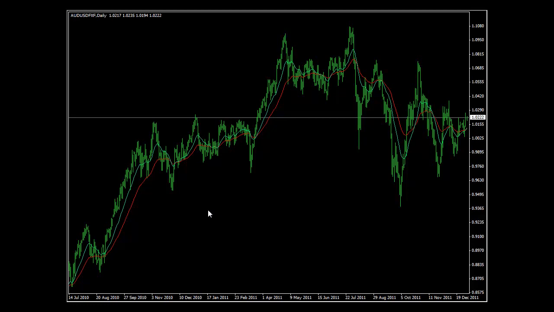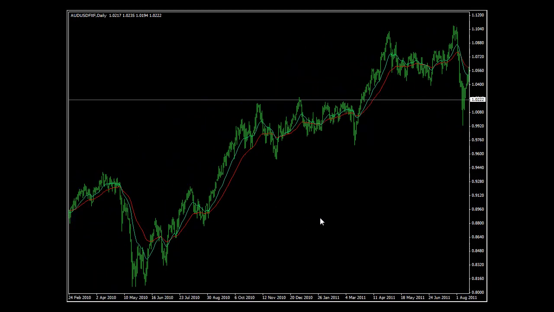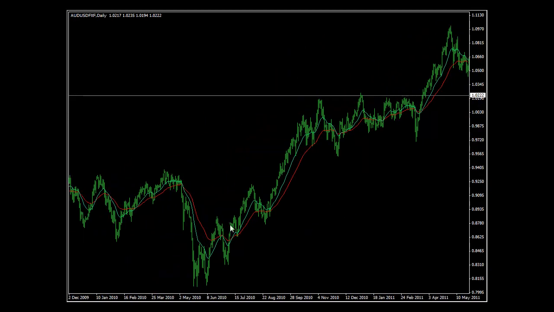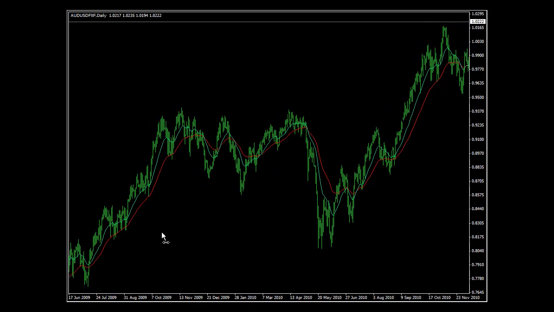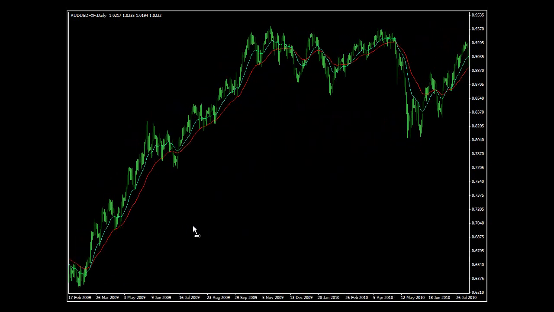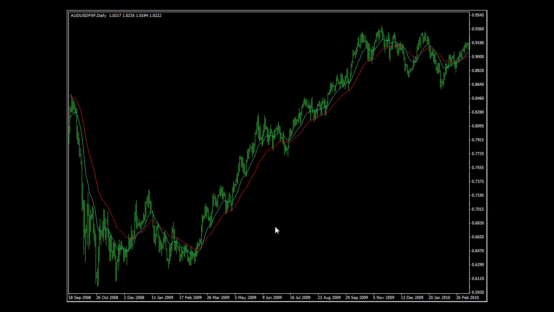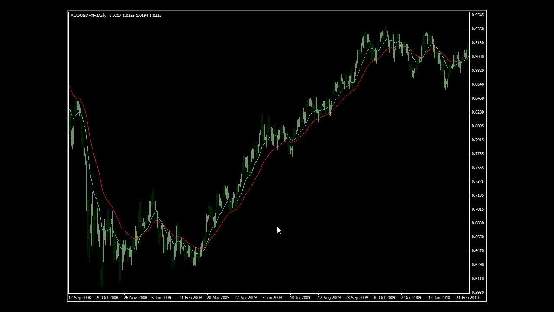But just for overview's sake, you're looking for periods when the 18 period exponential moving average on the daily chart is above the 40. Here's the most important part: the blue one, and I'll zoom in in a moment.